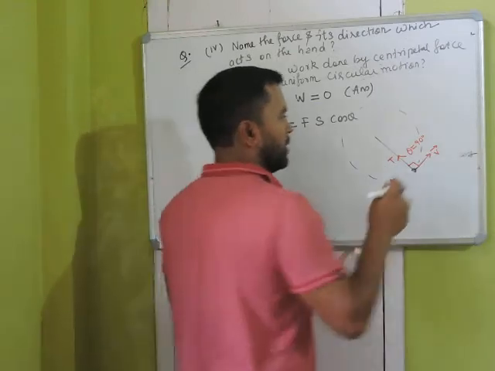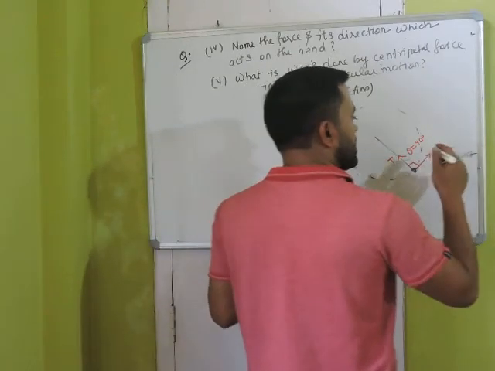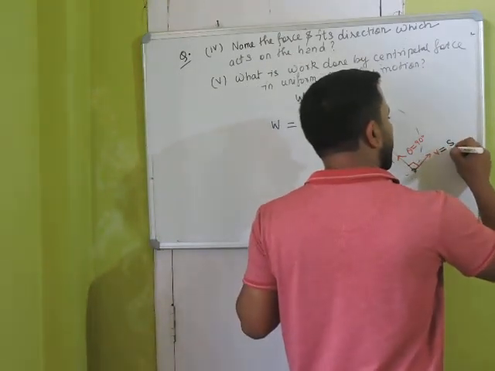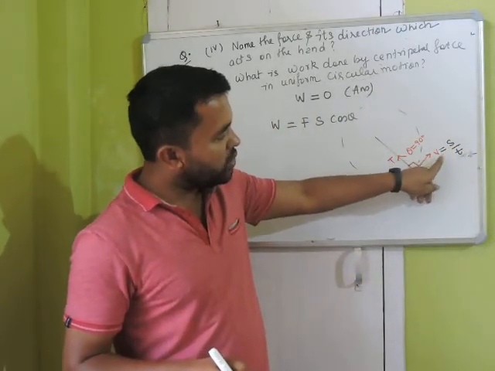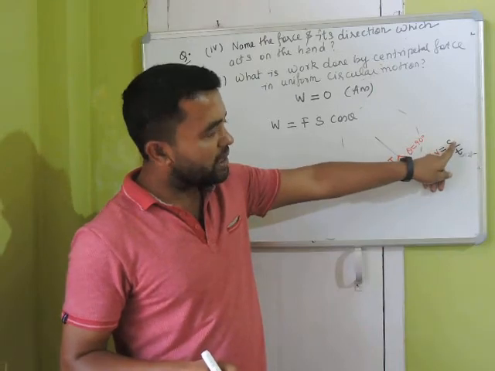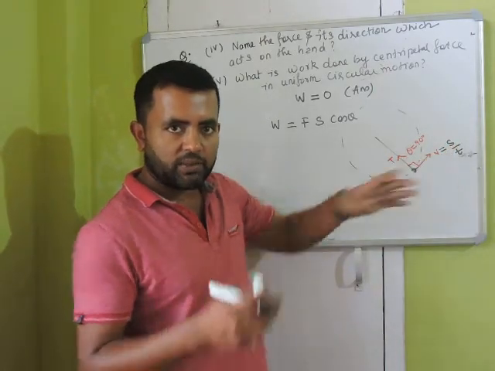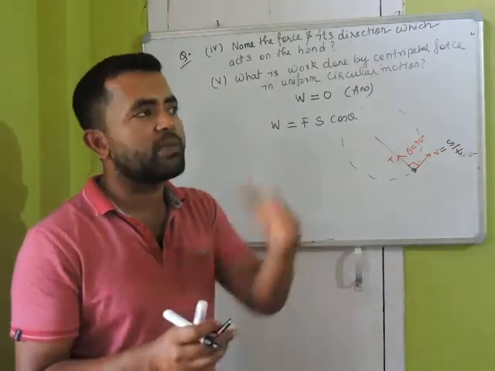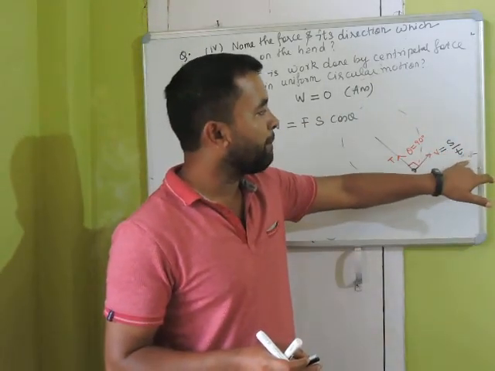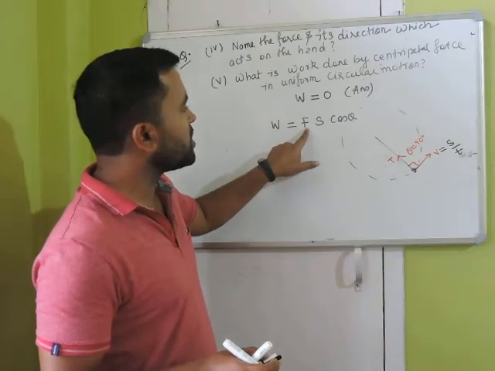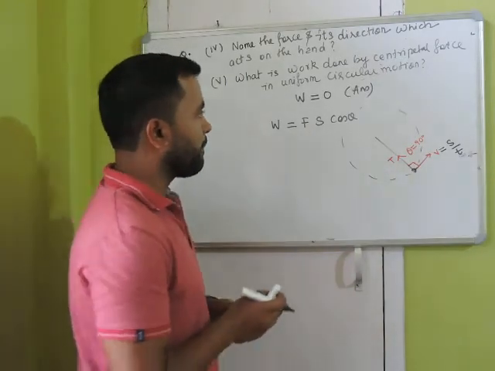Now what is velocity? Velocity is nothing but displacement by time. So whatever is the direction of velocity will be the same as that of displacement, because velocity is a vector quantity, displacement is a vector quantity, and velocity is displacement by time. So this force is, in our case, the tension.